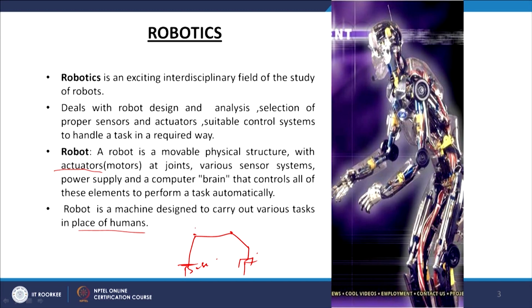Actuators are the motors attached at each joint, and sensors like position sensor, velocity sensor or vision sensors like cameras etc., and a controller which, using computers, can act as the brain of the robot manipulator.